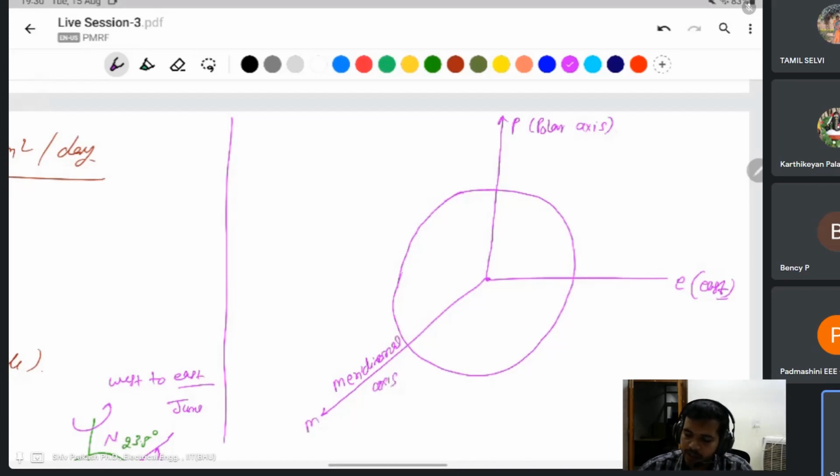This one is the center point of the earth. You can say this one is the earth centric point.